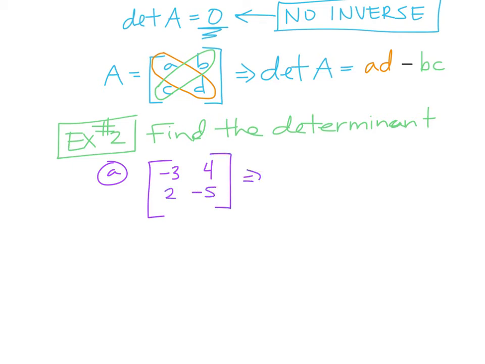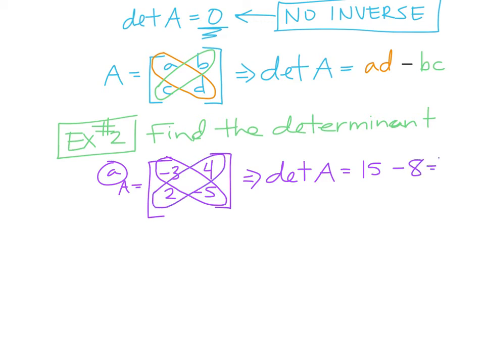Okay, if I want to find the determinant of that matrix, we're just going to call it matrix A for now. My determinant would be to go this way. So -3 times -5 is a positive 15, and subtract this way. 2 times 4 is 8. So my determinant is 7, which means this has an inverse, right? I didn't get 0, so it has an inverse.